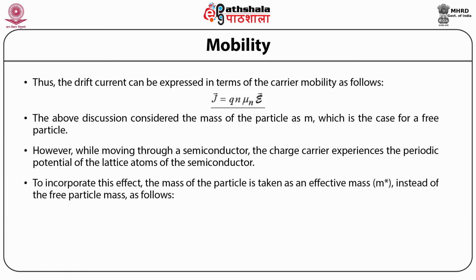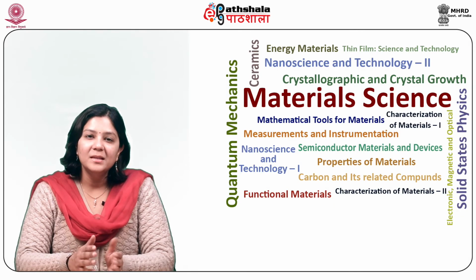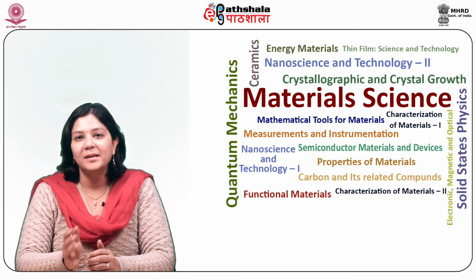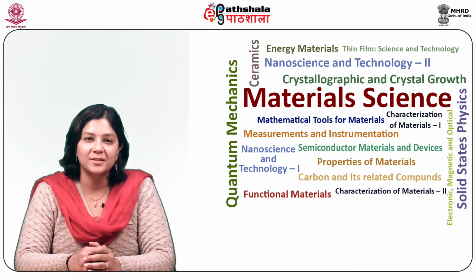To incorporate this effect, the mass of the particle is taken as an effective mass m star instead of free particle mass, as mu equals q tau divided by m star. From this definition, mobility depends on drift velocity.